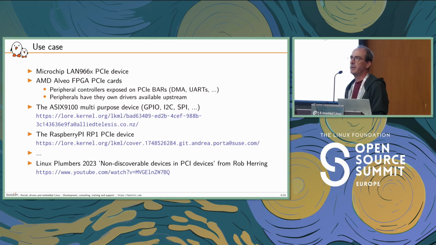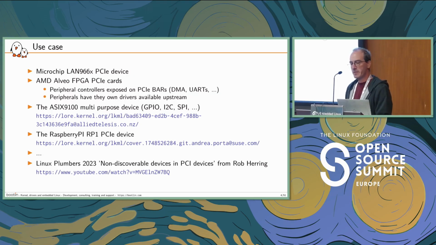This one exposes several controllers, DMA, UARTs on PCI BARs, and those controllers have drivers already available upstream and used on other devices. This is a little bit the same for the ASPEED 9100 with GPIO, I2C, ACPI buses.